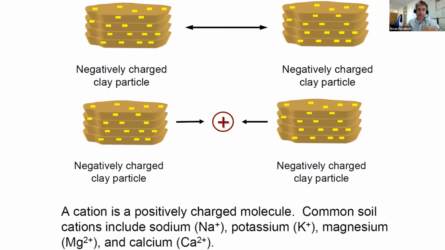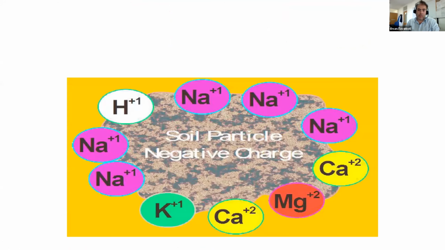When you have a large amount of sodium as that positive charge, you have a sodic soil, relative to your other cations such as calcium, magnesium, and potassium, which are stronger in bonding. And that's where the problem happens. Why?